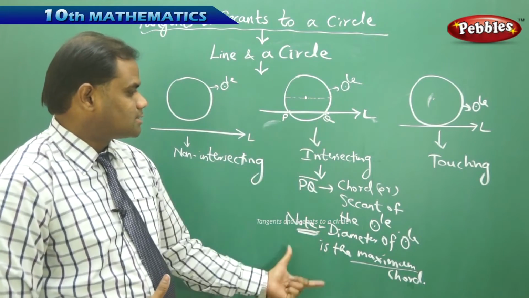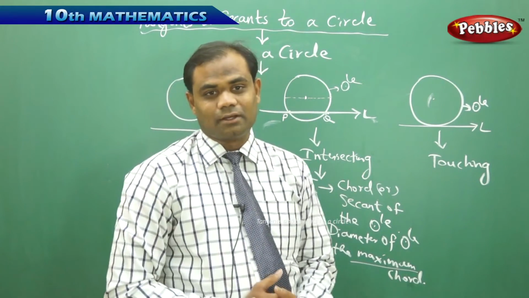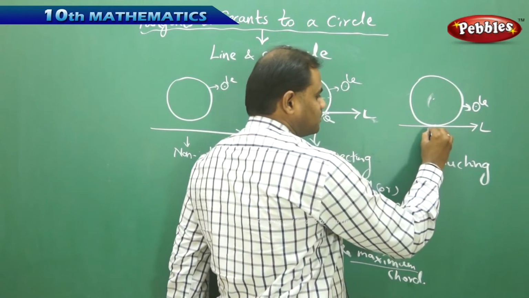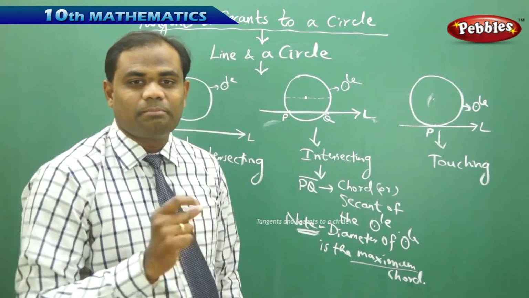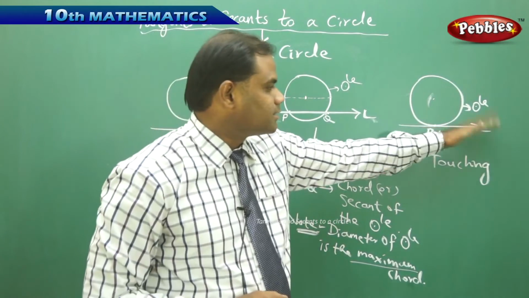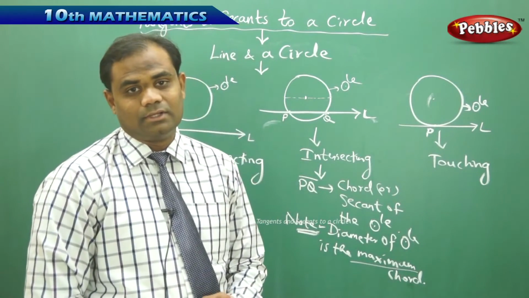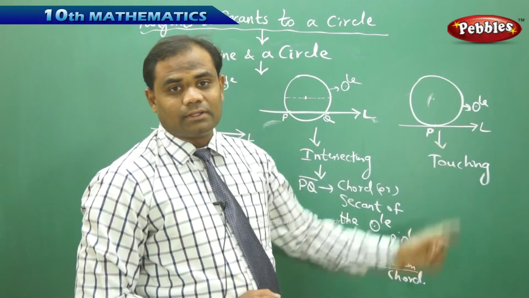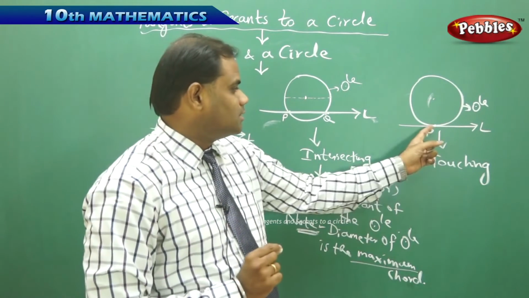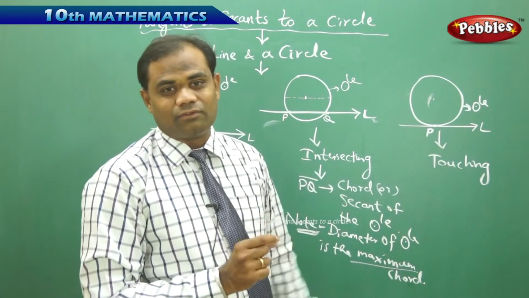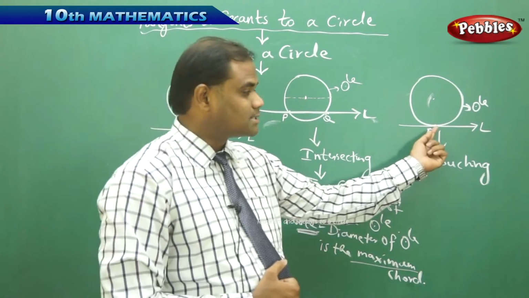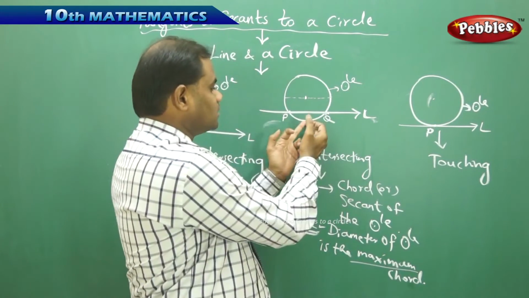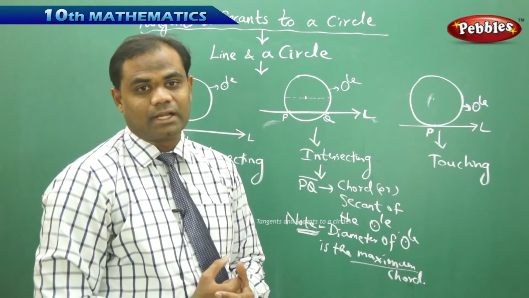Coming to the chord and secant, let's switch to the touching case, where suppose the line touches the circle at a point P. Then I call the point P the point of contact, and the line is said to be a tangent to the circle. It's very important that when a line touches the circle at a single point, then the chord is 0 because there is no secant or chord. Therefore, the length of the chord or secant is assumed to be 0 in the case of a line touching the circle, because P and Q tend to one point, is how we understand.